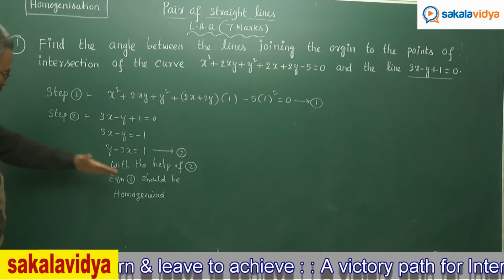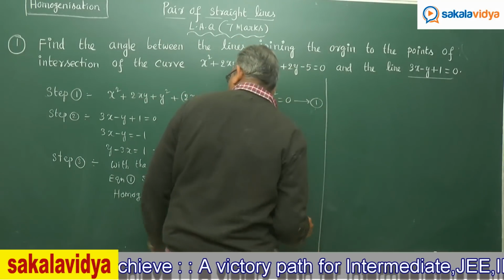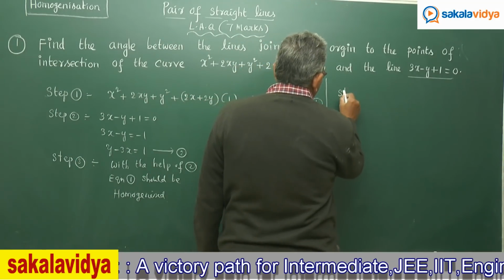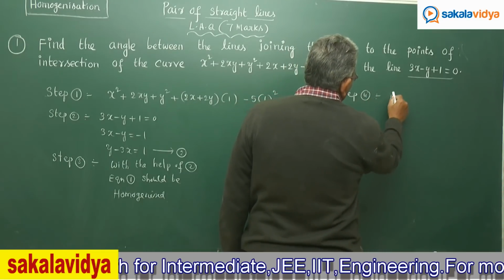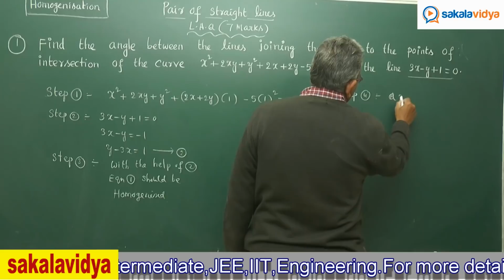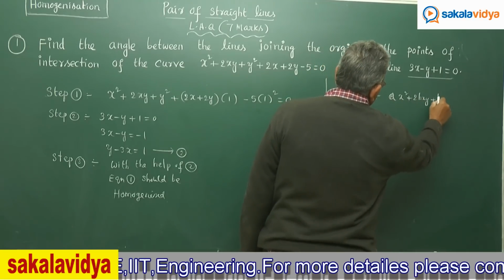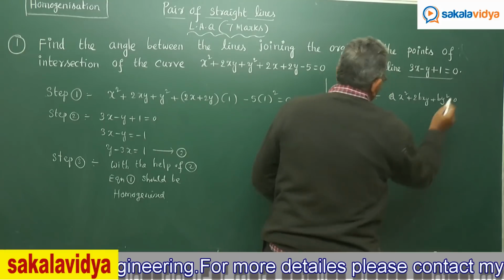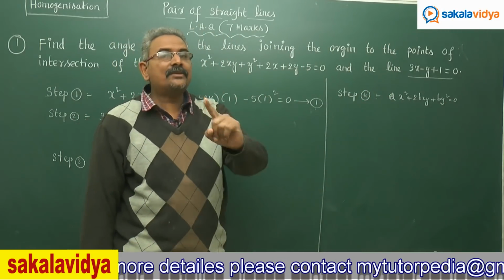When you homogenize equation 1 with the help of equation 2, you get in step 4 the form ax square plus 2hxy plus by square is equal to 0, which represents a pair of straight lines passing through the origin.